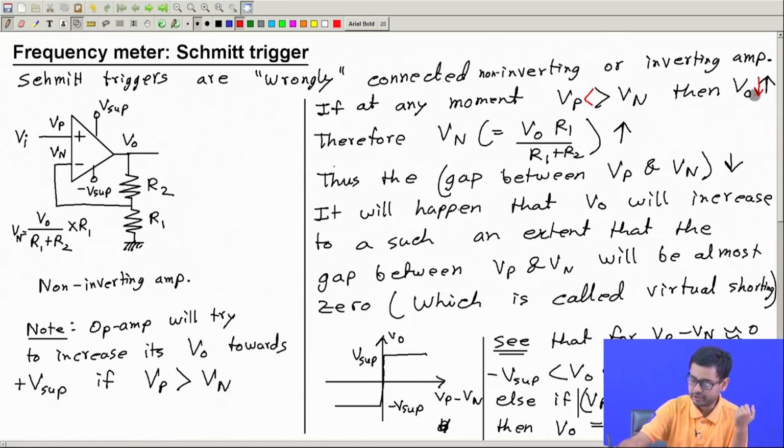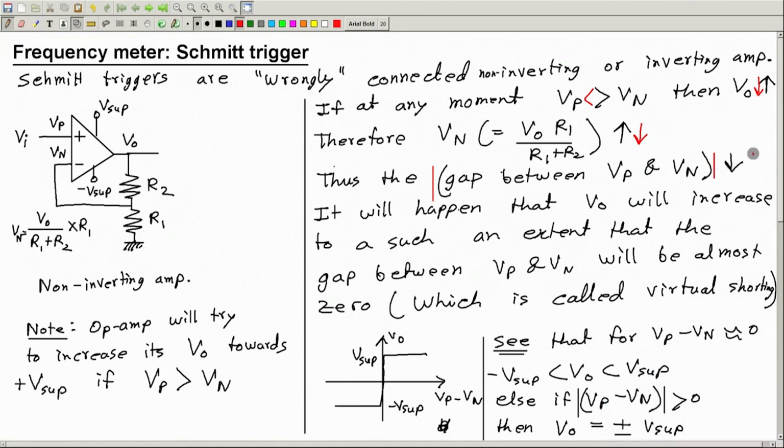Therefore this value will also decrease, and once again the gap between Vp and Vn will decrease, because the output decreases, therefore Vn will also decrease, and thus Vn will come closer to Vp.